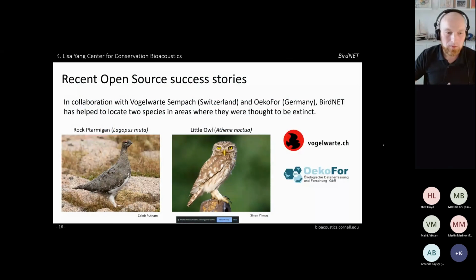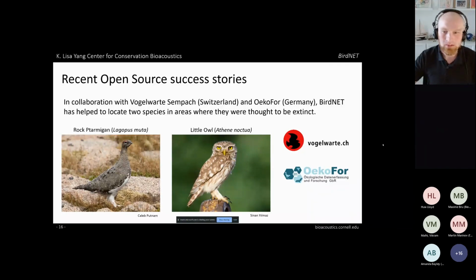And so with this recording device that I just showed you, we actually do have two smaller success stories. In collaboration with the Vogelwarte in Sempach in Switzerland and the German startup Öko4, we monitored different locations, looking for species that were thought to be extinct, the rock ptarmigan and the little owl.